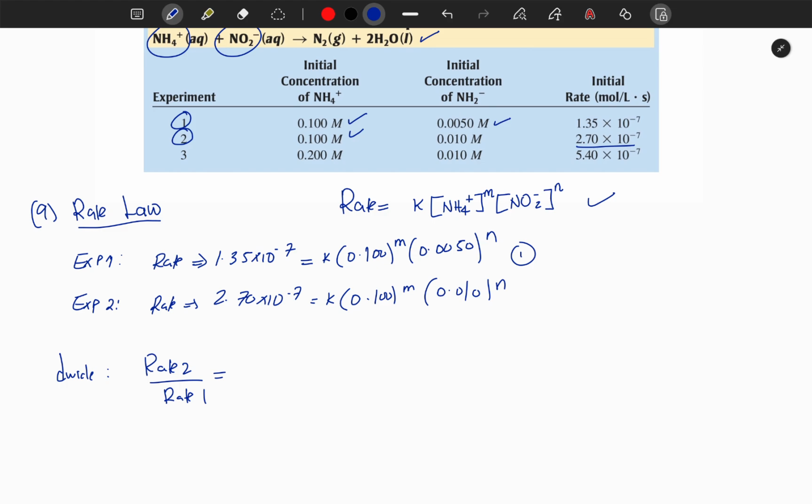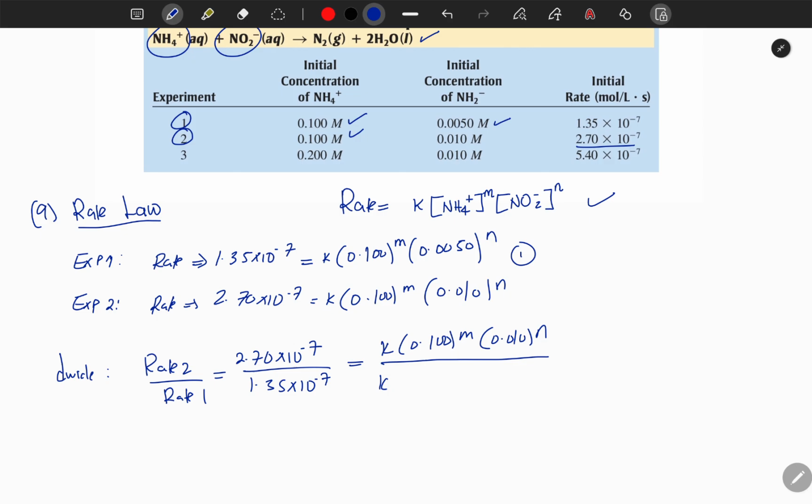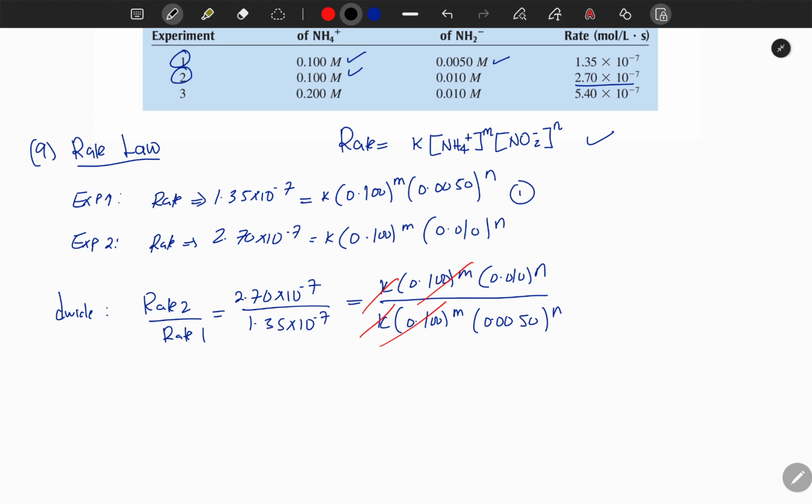We have 2.70 times 10 to the power negative 7 over 1.35 times 10 to the power negative 7 is equal to k times 0.100 to the power m, then 0.010 to the power n, over k times 0.100 to the power m, and 0.0050 to the power n. K and k go away together, and the 0.100 to the power m terms go too.